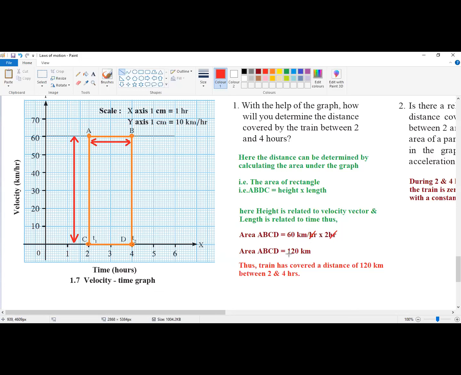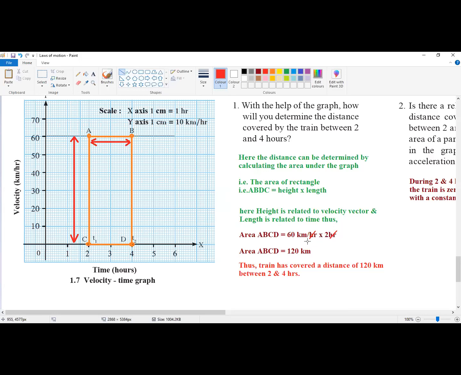Following this? Yes, sir. And the total time interval is 2 hours. Between 2 and 4 hours, the total difference is 2 hours. So we have written 2 hours. Hours will get cancelled.